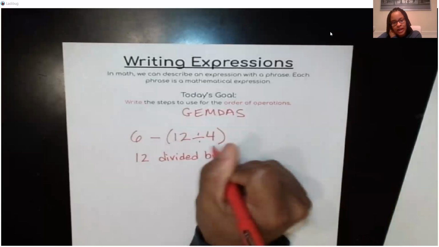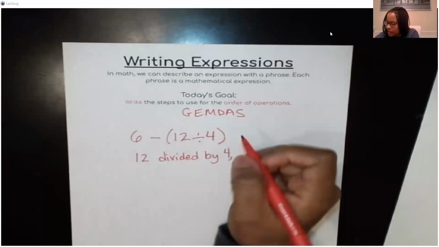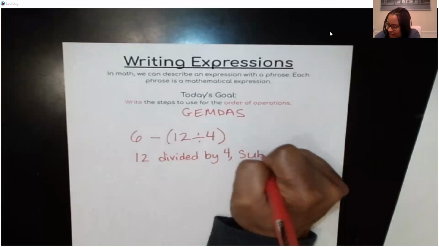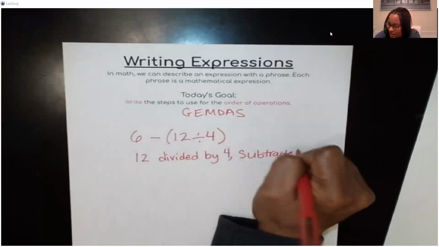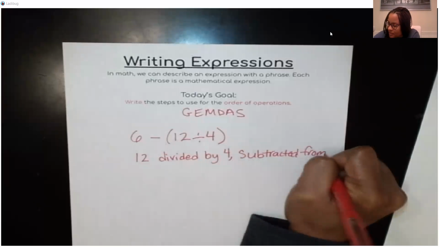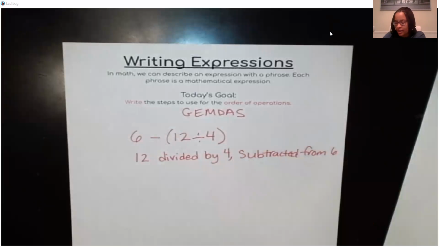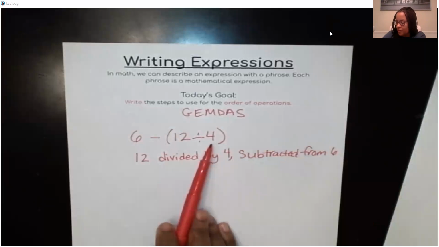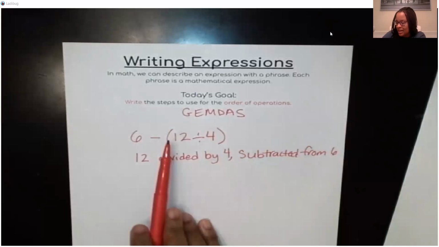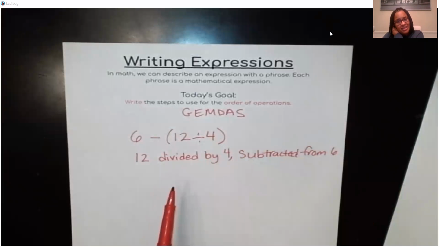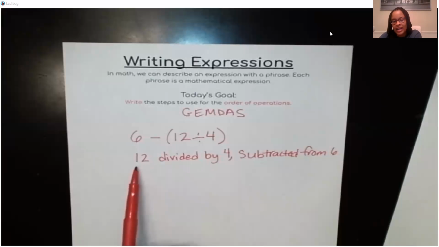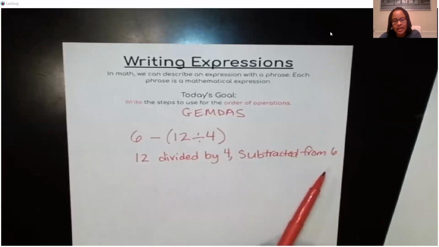Because that's what I'm going to do. I have to do the parentheses first. Subtracted from 6. Okay, and if that's true, 12 divided by 4, yes. And then I'm going to subtract this answer from 6. That makes sense, okay? You can also write out the numbers 12, 4, and 6.